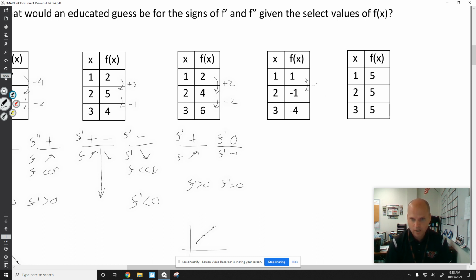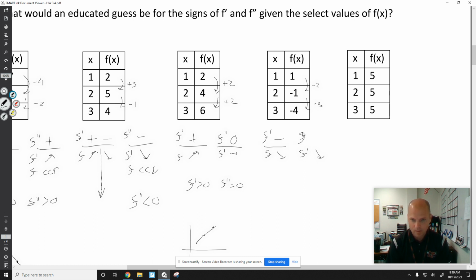1 to negative 1, I subtract 2. To negative 4, I subtract 3. So I know that my F values are going down. I know that my F prime values are going down. My slopes are decreasing from negative 2 to negative 3. So that means F prime's got to be negative.